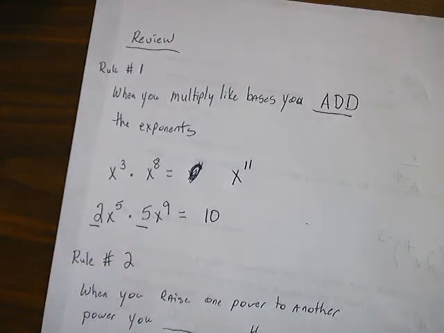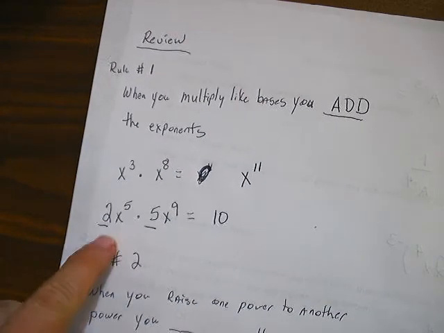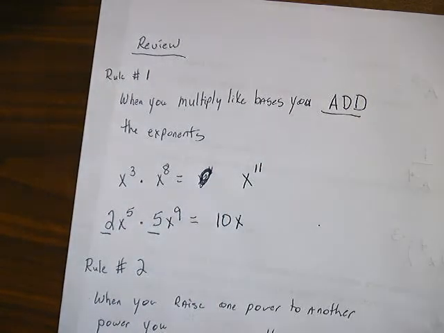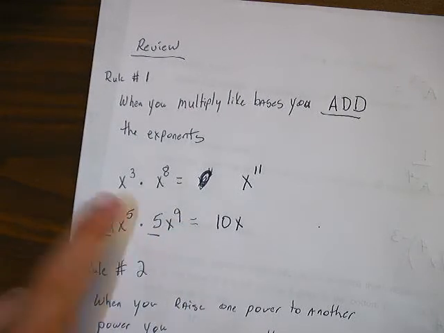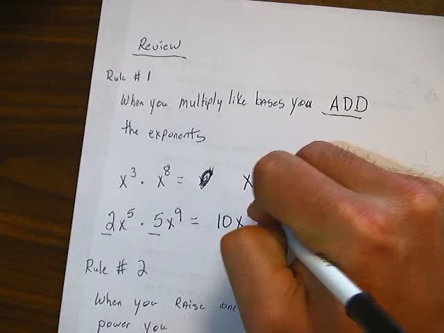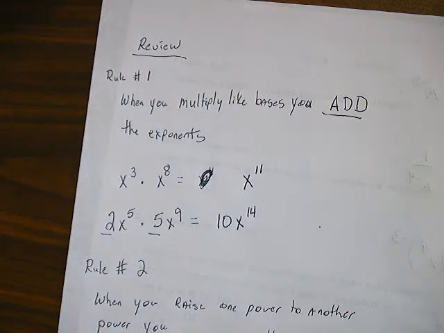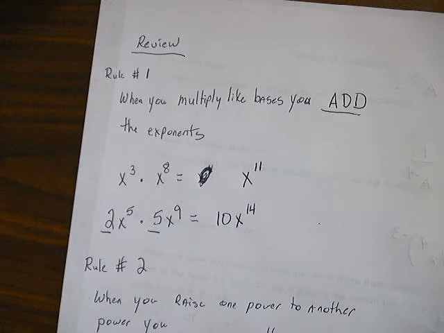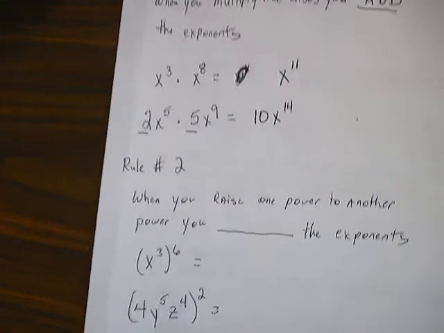Now our first rule comes into play. The like base is x, and we add the exponents. 9 plus 5 is 14. So we have 10x to the 14th. That's rule number 1.